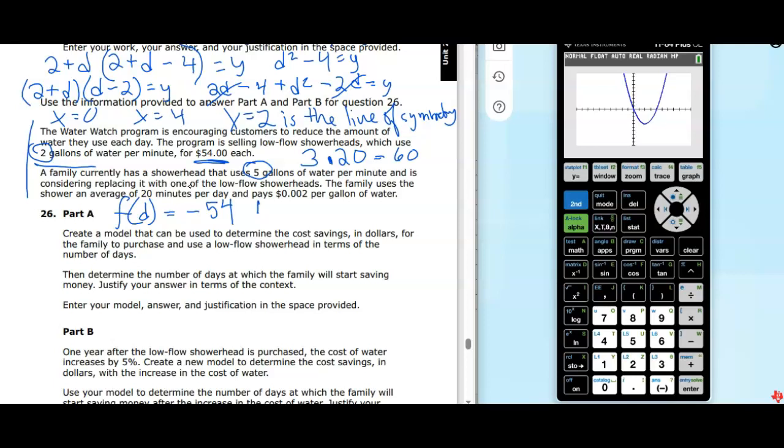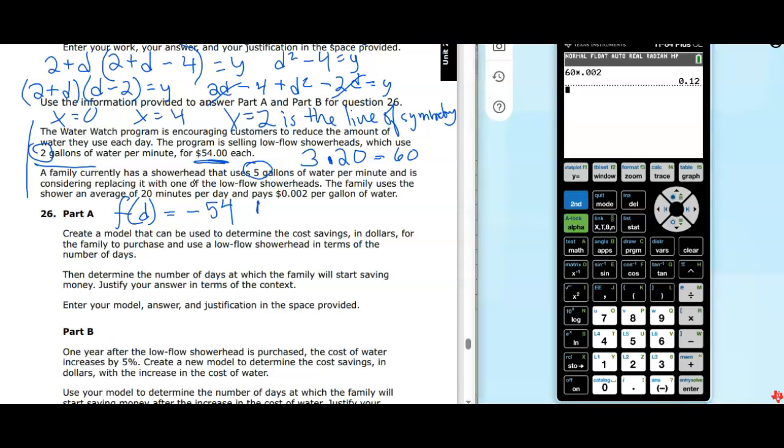And then money-wise, that's 0.002 cents per gallon of water. So if we want to find out how much we're spending there, it would be 60 times 0.002, that's how much, 12 cents a day that we would be saving, okay?